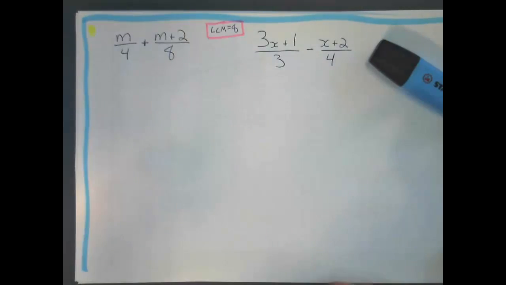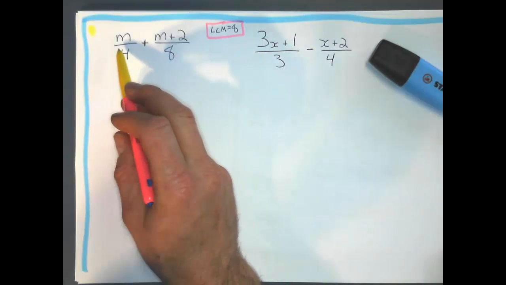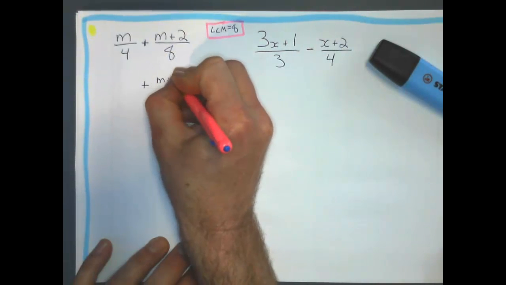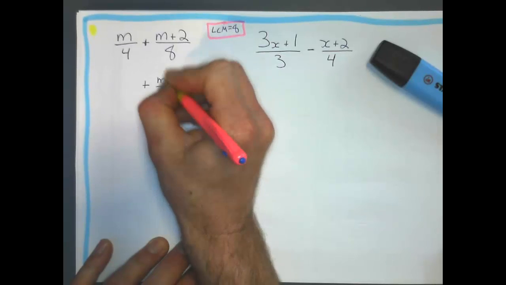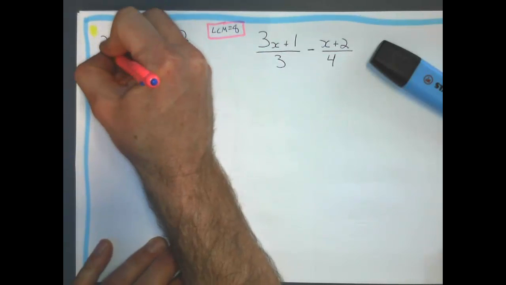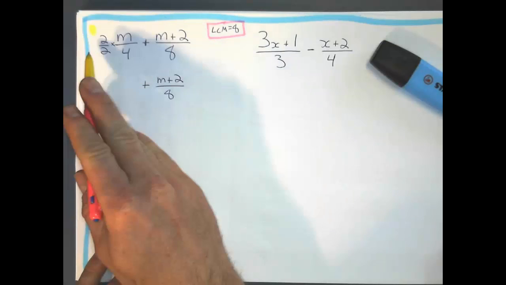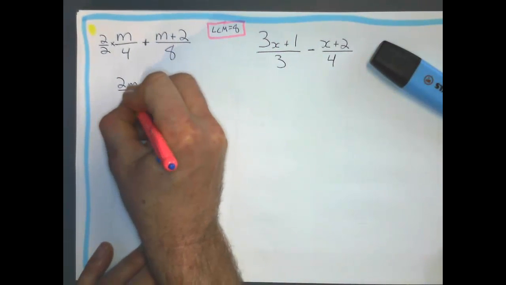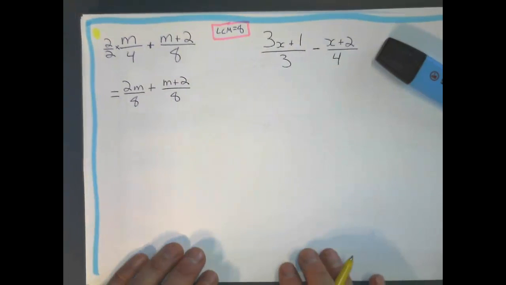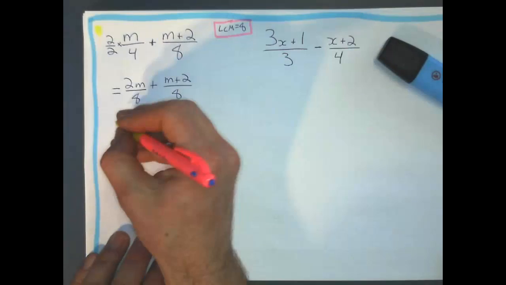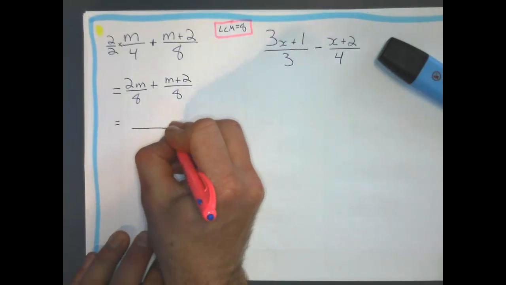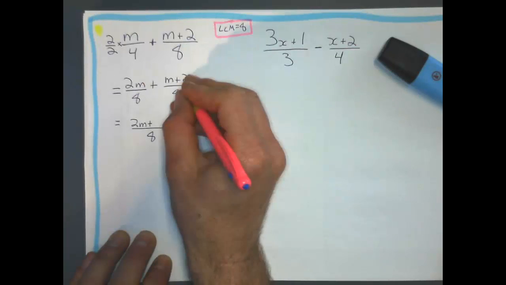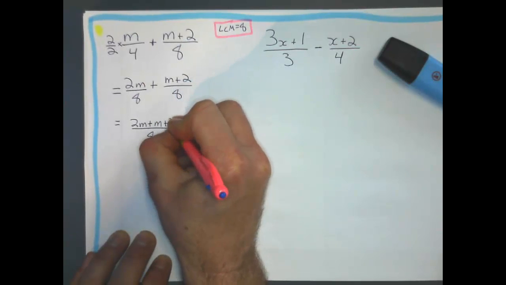Next step, rewrite this fraction with a denominator of 8, because the other one's already done. I don't need to change that second fraction at all, just the first one by multiplying it by 2 over 2, so I get 2m over 8. Next step, put it all over 8 because it's a common denominator: 2m plus m plus 2.